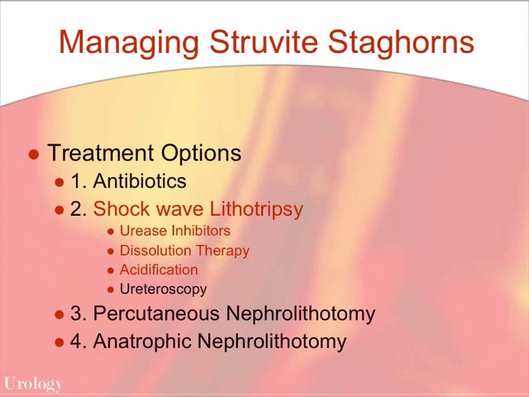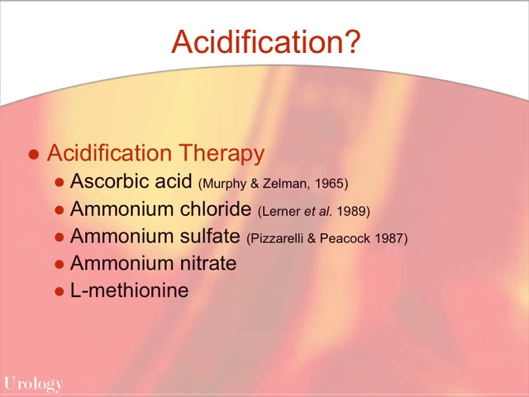We're just going to briefly touch on acidification therapy. It hasn't been used greatly within the literature more recently, but there have been several different agents that have been considered: ascorbic acid, ammonium chloride, sulfate, nitrate, and L-methionine.